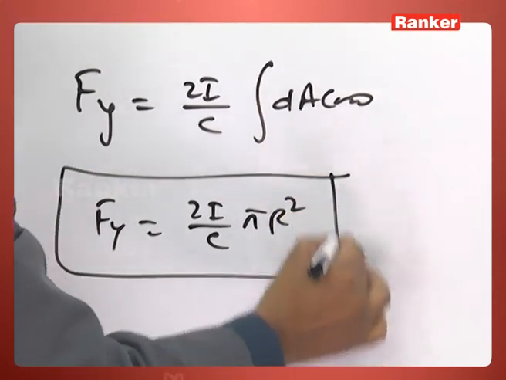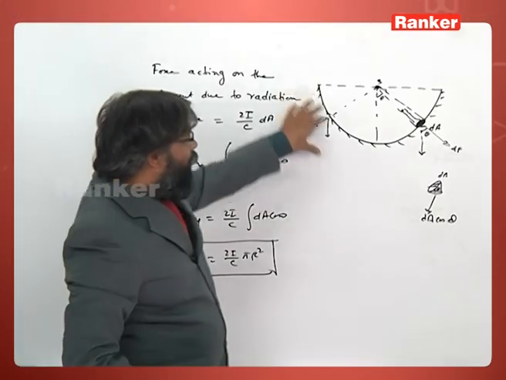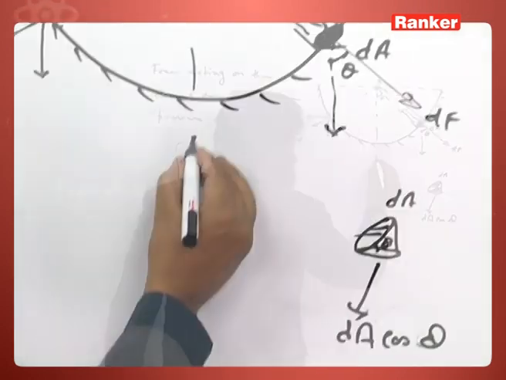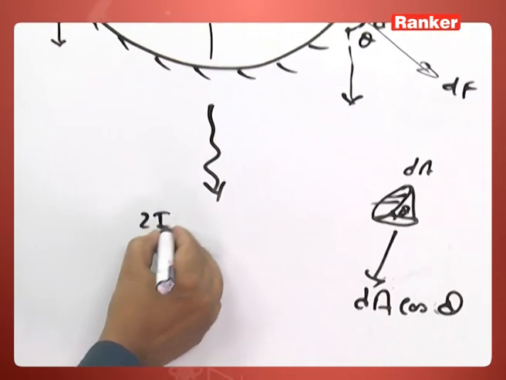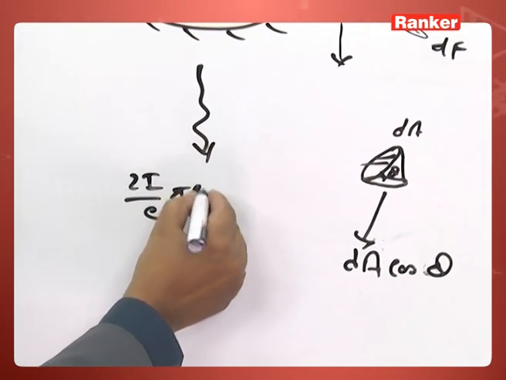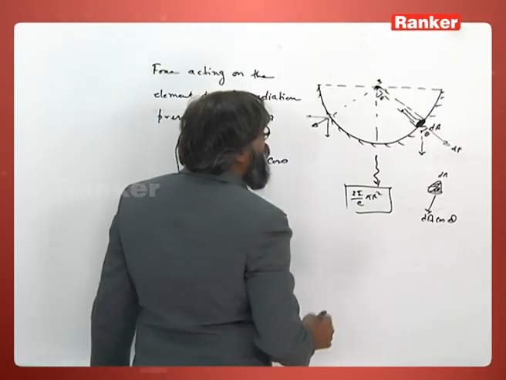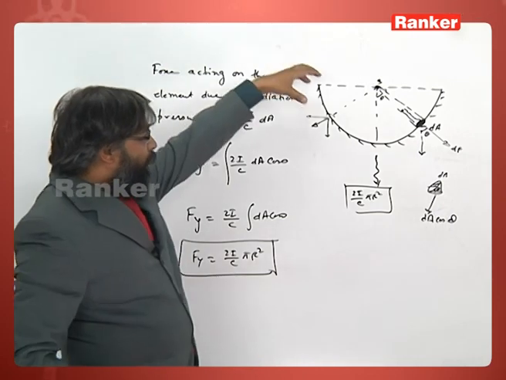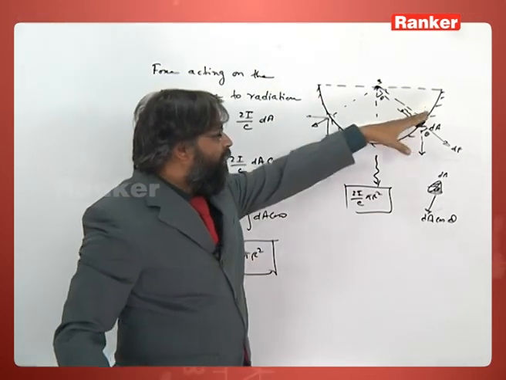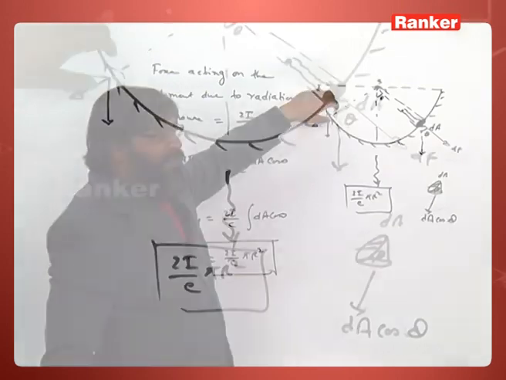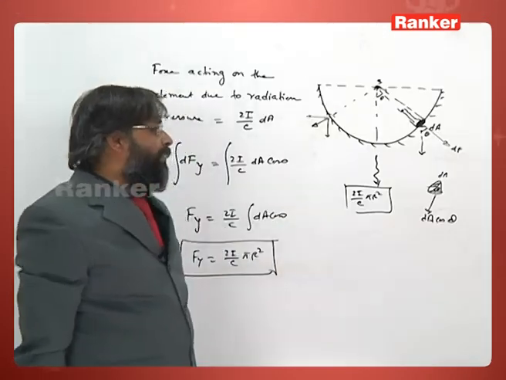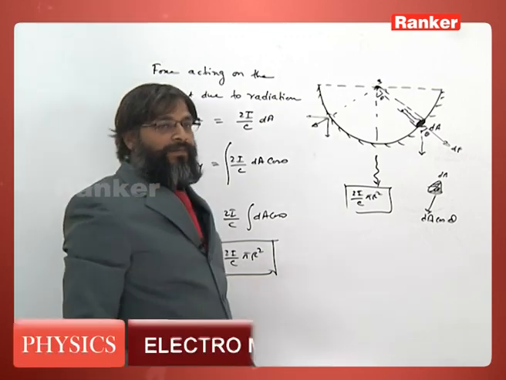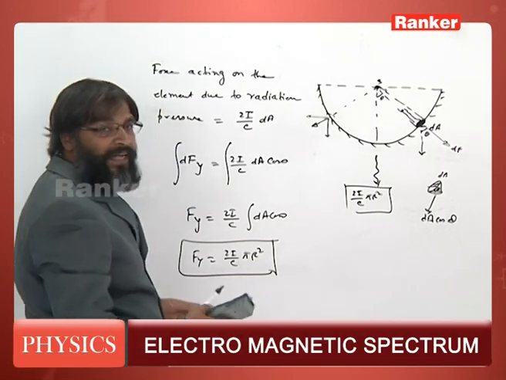So this is the total force acting on this bowl along this direction due to radiation force. This force becomes 2I by c pi r square. So thus the force which the bowl gets due to this radiation being reflected is equal to 2I by c pi r square. Let us take another problem.